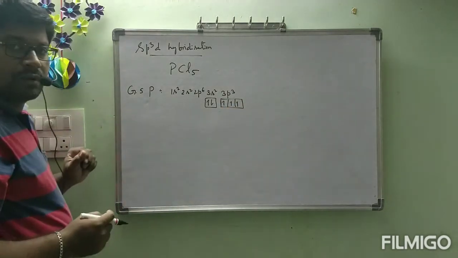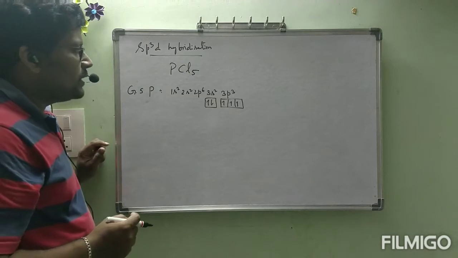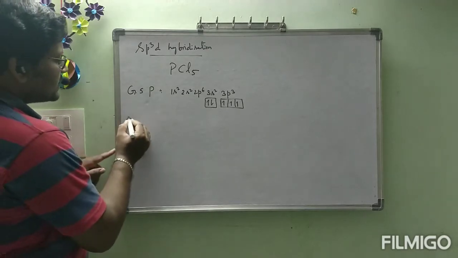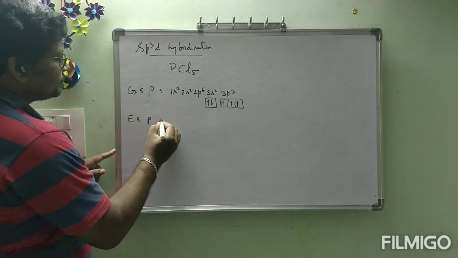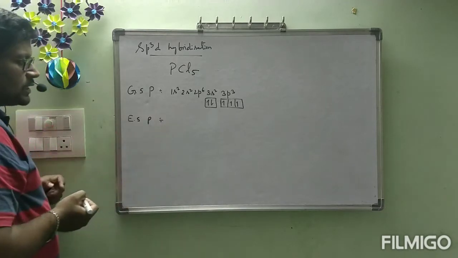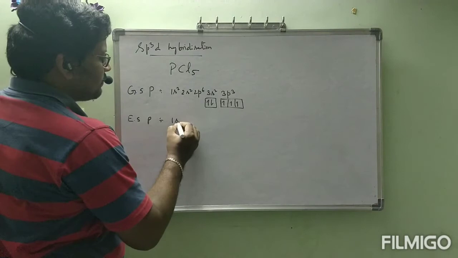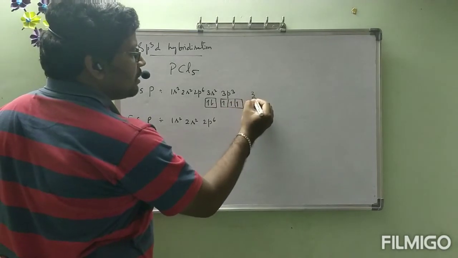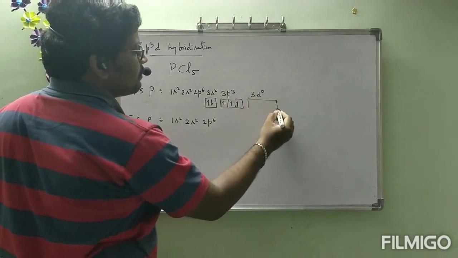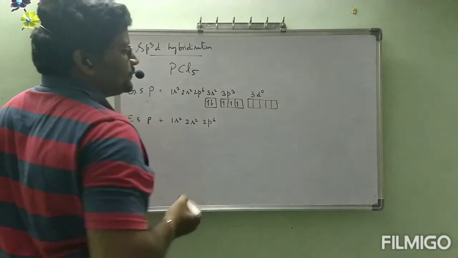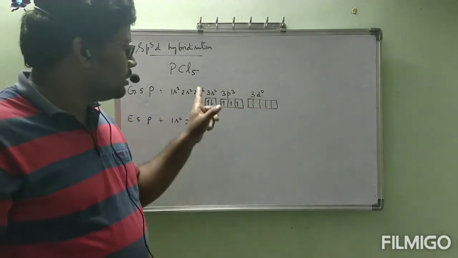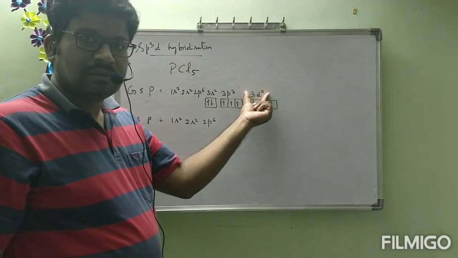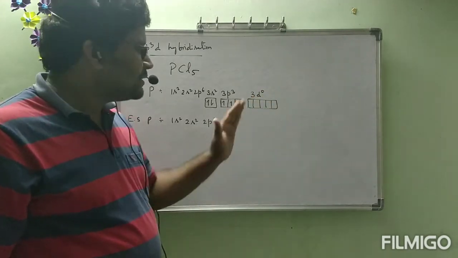Now the excited state electronic configuration of phosphorus: 1s2, 2s2, 2p6, and in the same shell 3s2, 3p3, 3d0. The 3d orbitals are empty; actually no electron is present.